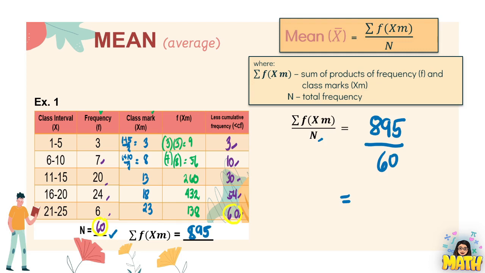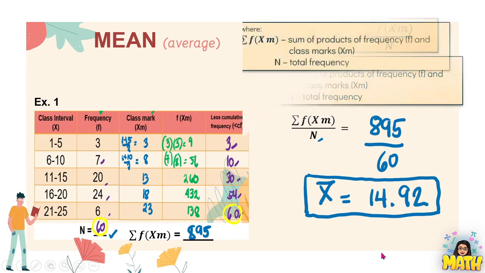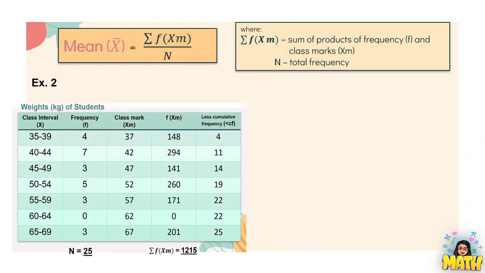Just divide 895 by 60, that is equal to 14.92. That means the mean or the average of the 60 sample data that we have here is equal to 14.92.